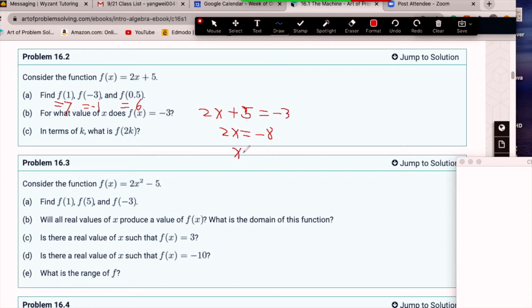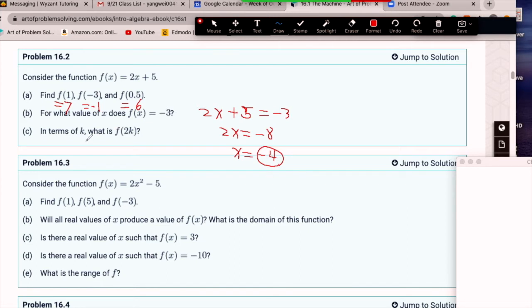Then divide both sides by 2. You get x equals negative 4. So when x equals negative 4, then f(negative 4) will equal negative 3. So then you can check. 2 times negative 4, you get negative 8. Negative 8 plus 5, you get negative 3. Okay, very good.